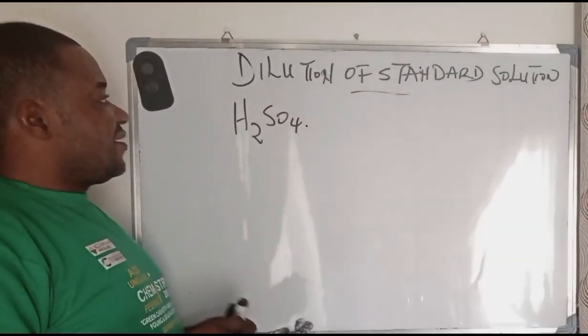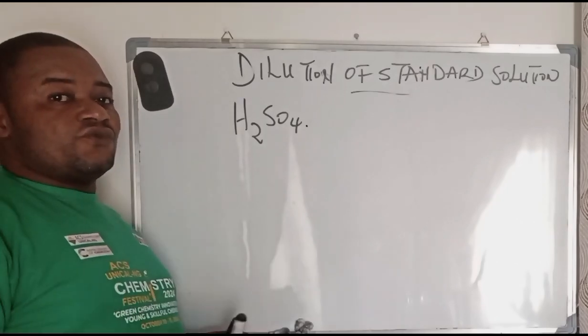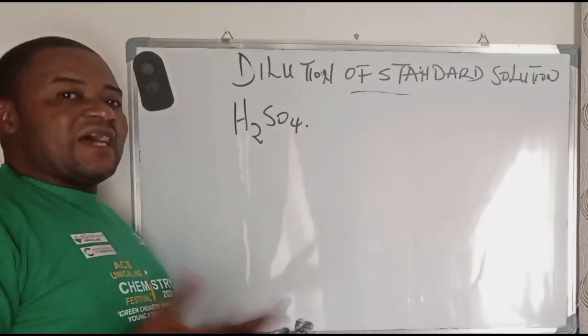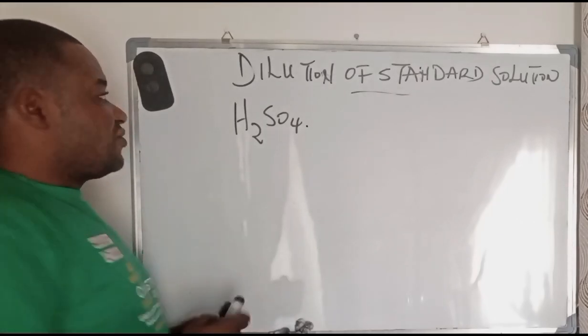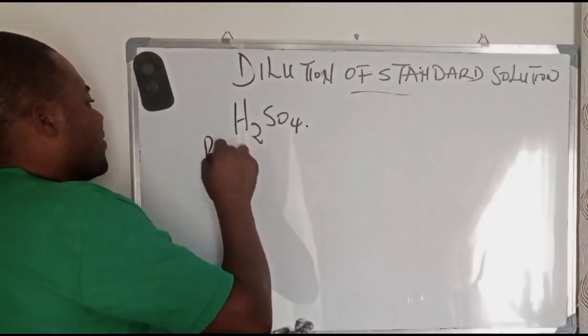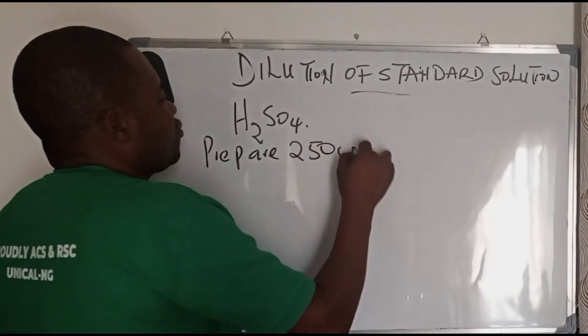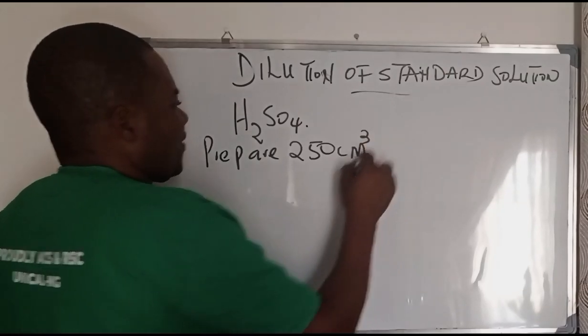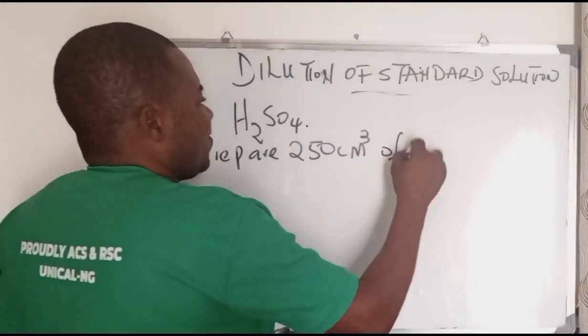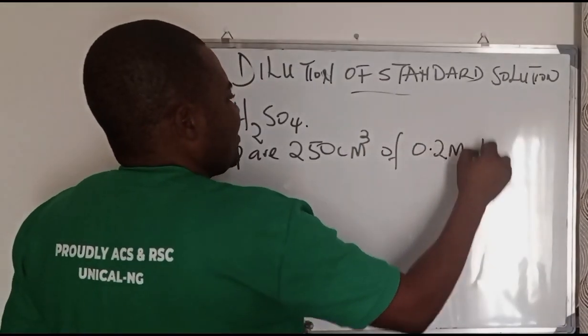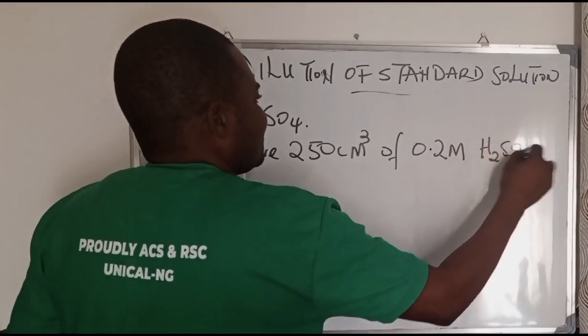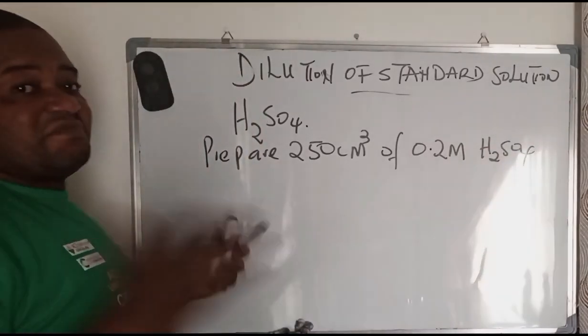That is the reagent you want to dilute, and you are asked to prepare 250 cubic centimeter of 0.2 molar sulfuric acid. This is just the question.